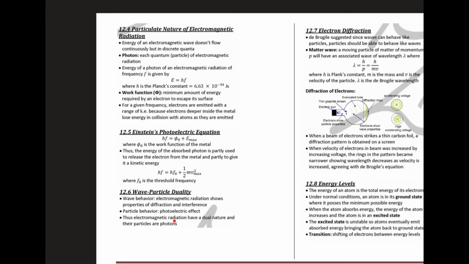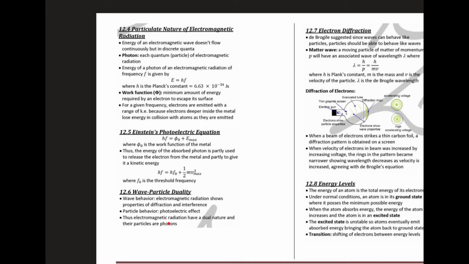That's why electromagnetic radiation has both wave behavior and particle behavior, and we use the term photons to represent the particles in the UV light.